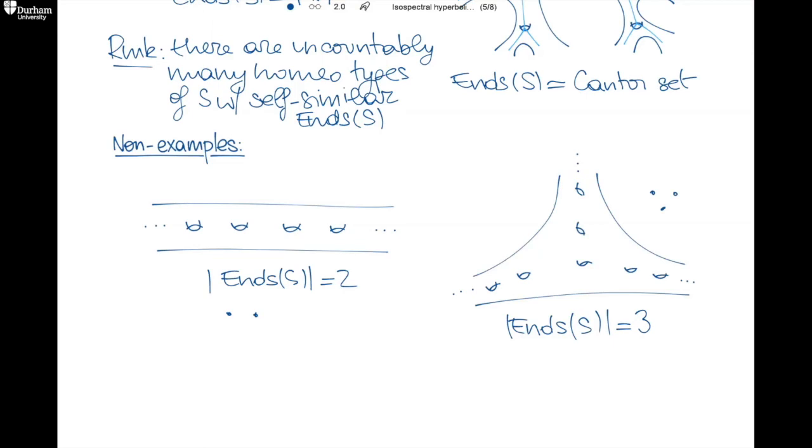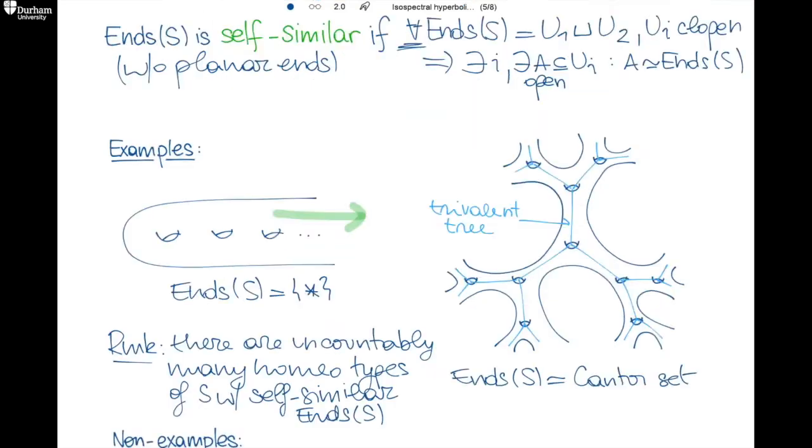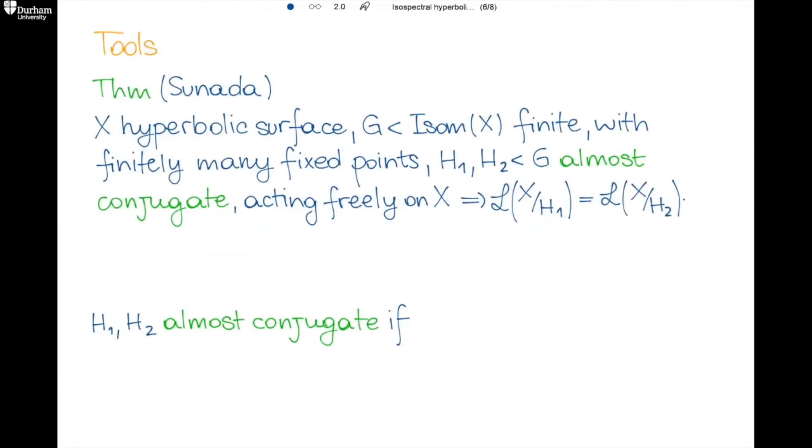That said, let me give you some ideas of how one proves such a theorem. If you know anything about isospectrality, you won't be surprised that the first tool is a result of Sunada, which is the following. I'm stating it here for hyperbolic surfaces, but it works for much more general manifolds.